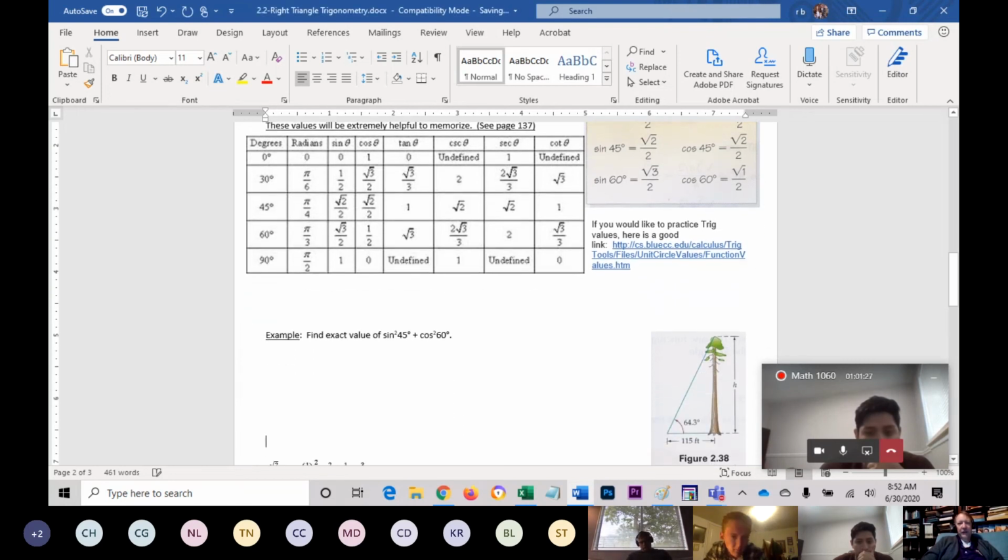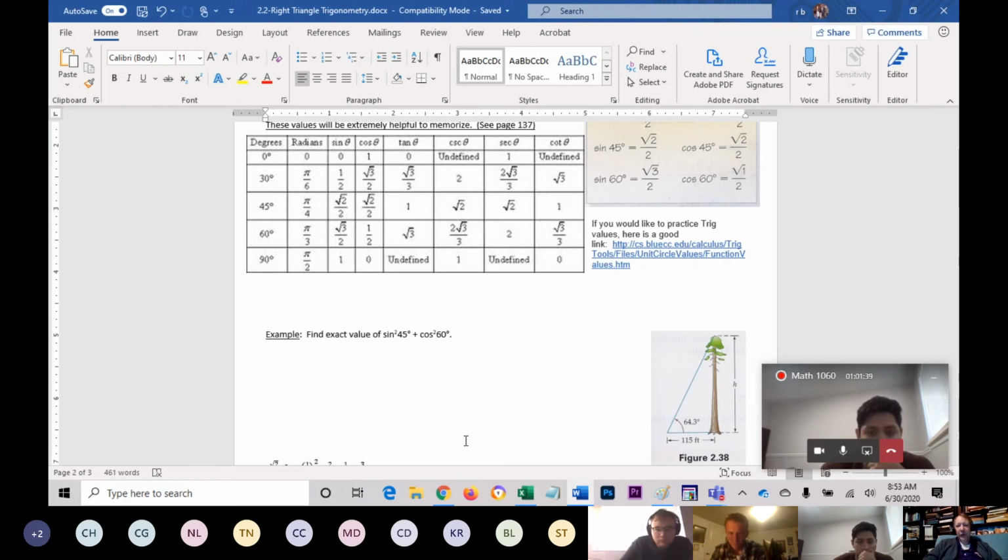And now that we've got this chart, and I know you haven't got it memorized yet, so I'll let you look at the chart. But I want you to find the exact value without using a calculator, okay, of the sine squared of 45 plus the cosine squared of 60.